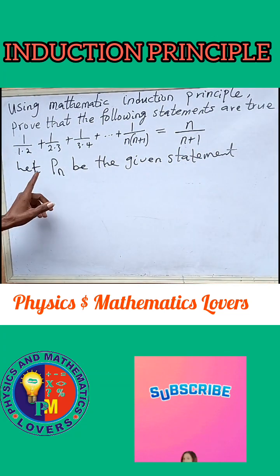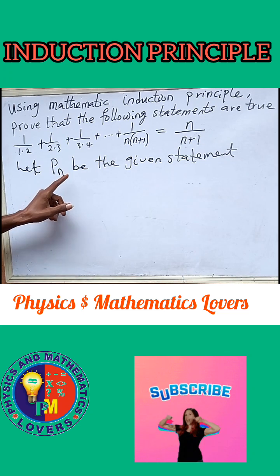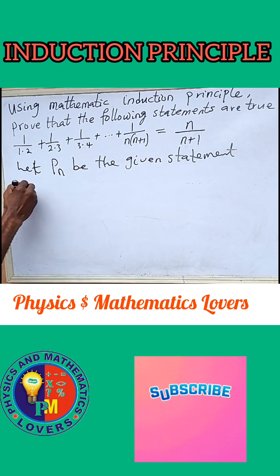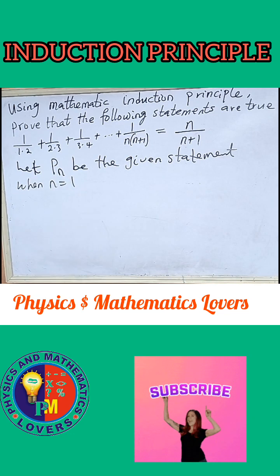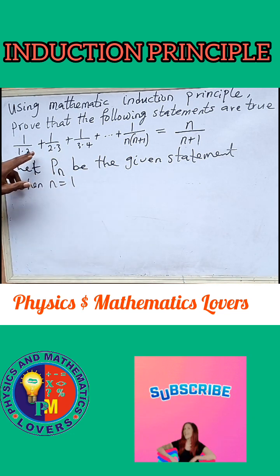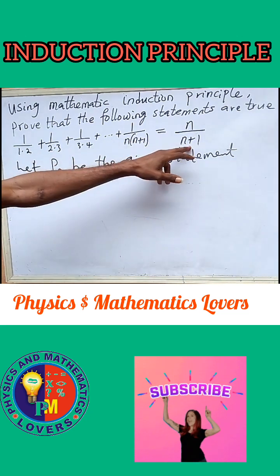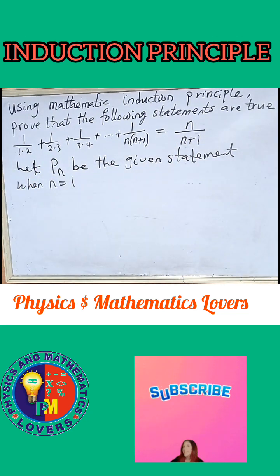Whatever I'm going to look for, n represents. When n is equal to 1, I check if the right side is equal to the left hand side. If that is true, it means the statement is correct.